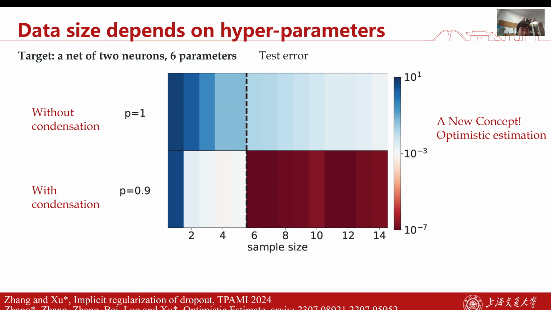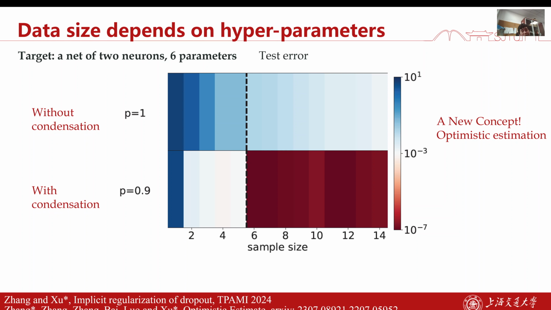But if you don't have condensation, you need a lot of samples. Otherwise, you can see the training error is always very large. And this black dashed curve is the number of parameters of the target, and it is also an optimistic estimation in our study.